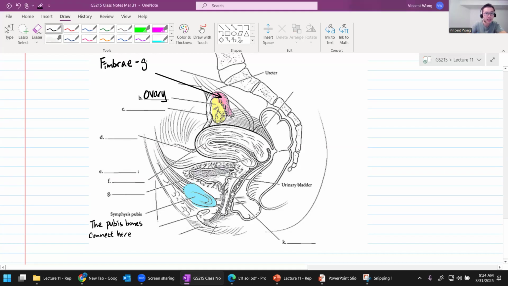Which helps guide the egg. The egg comes from the ovary, right? Guide the egg towards the fallopian tube.